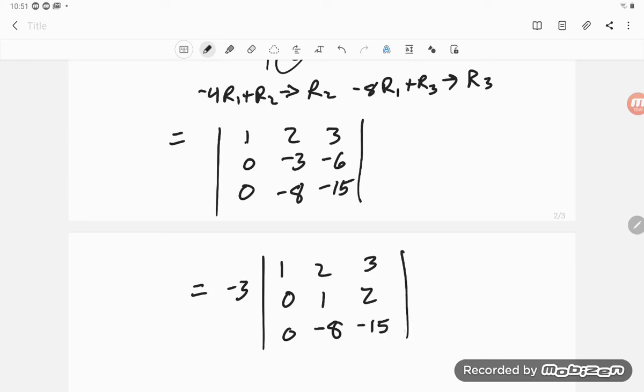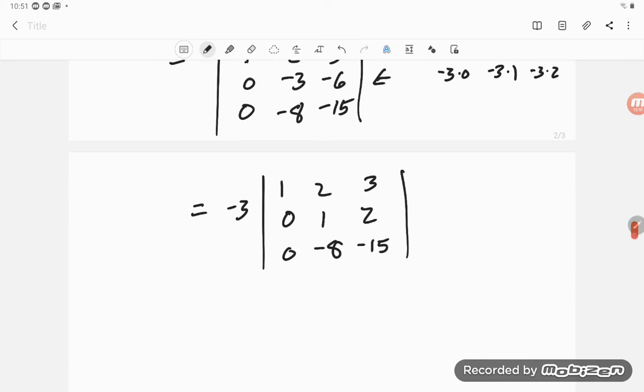Okay, so I just factored out the -3 out of one row. So you see, I just said this row was -3 times 0, -3 times 1, and -3 times 2. So then I just pulled that out. And so we have this situation.